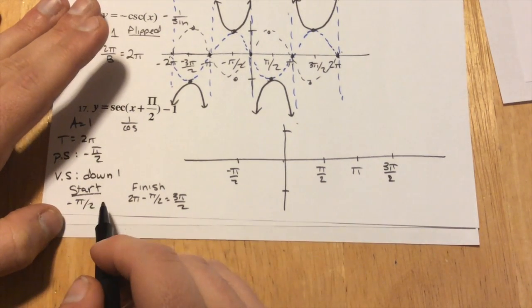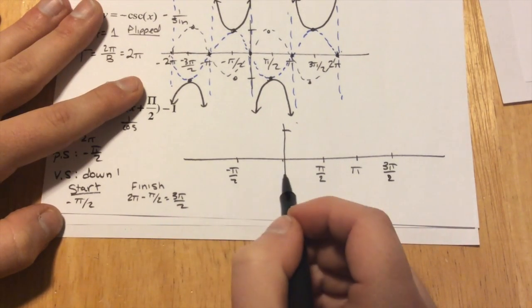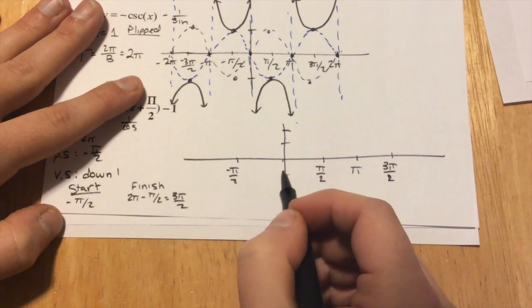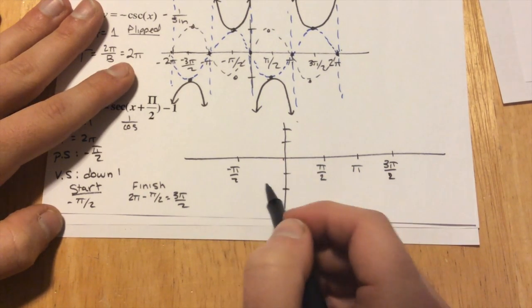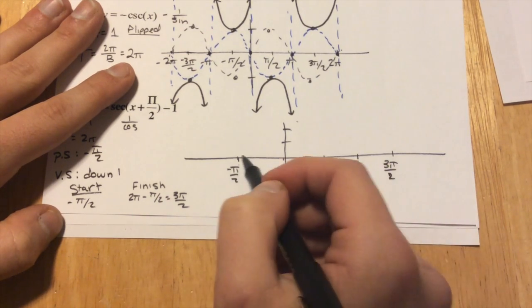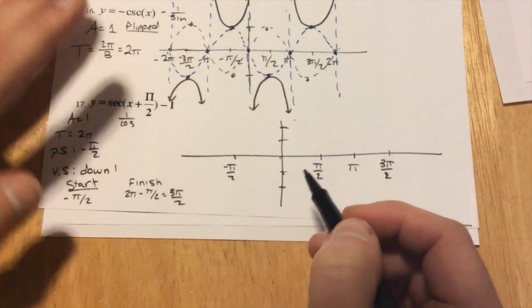This is a cosine, and we said we moved it down 1. So instead of being at 1 and negative 1, I'm going to start down 1. So at negative pi over 2, I'm going to start at my amplitude.